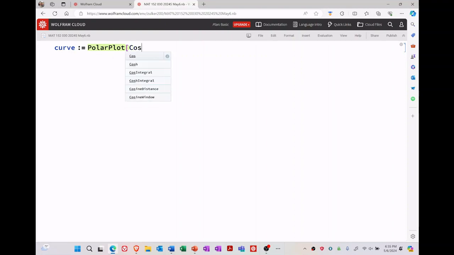Cosine of 2 theta. Theta goes from 0 to pi, right? One period would be pi.